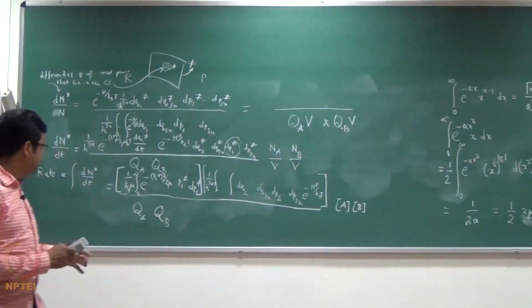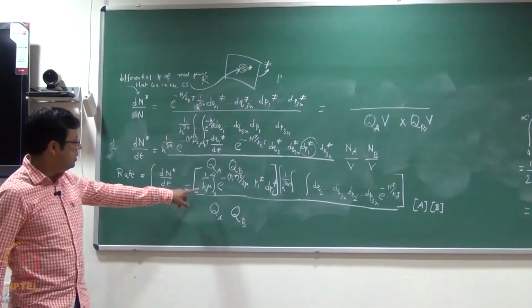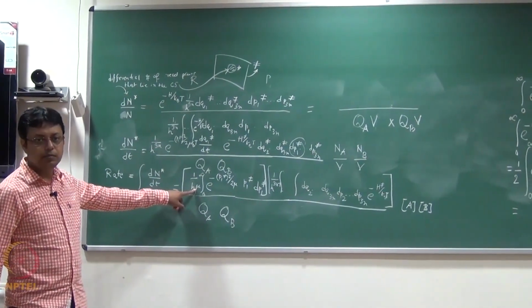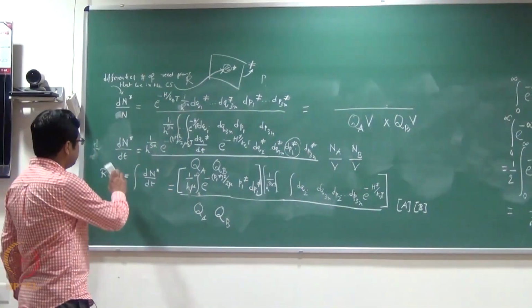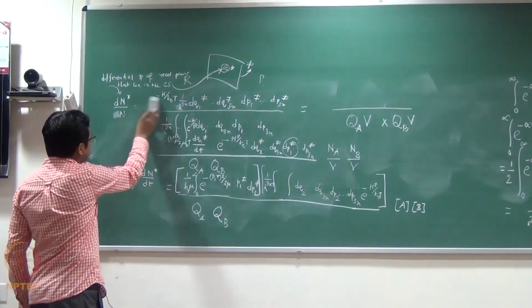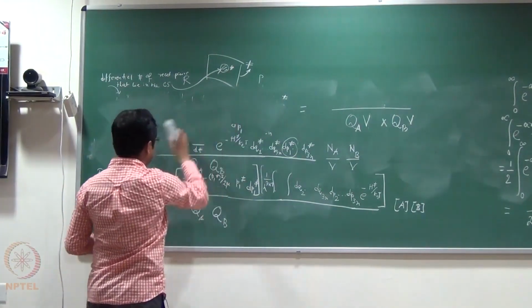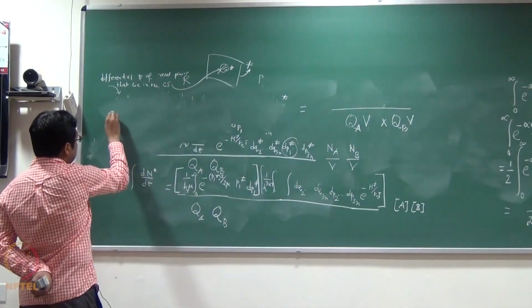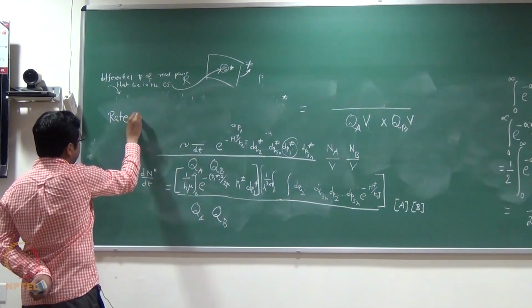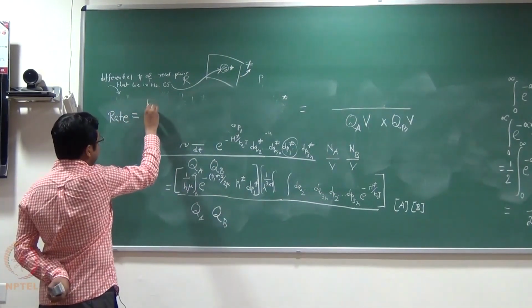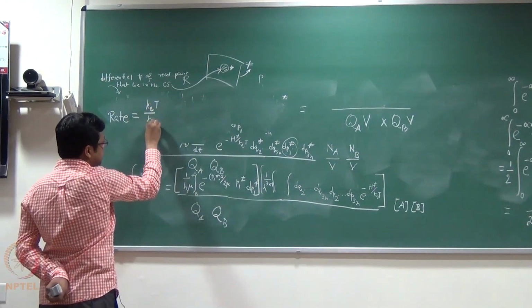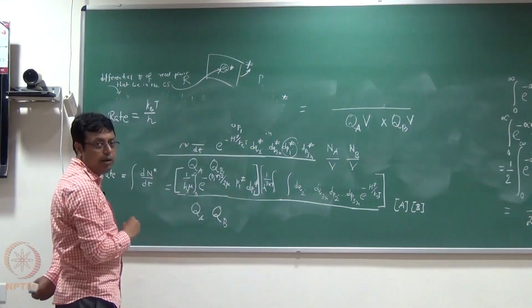So if I have mu cavity here, this mu and this mu will cancel. If these two cancel, let us just write the rate once again. Rate for bimolecular reaction. So the rate will be nothing but kBT by H, because this entire term will give you kBT by H.